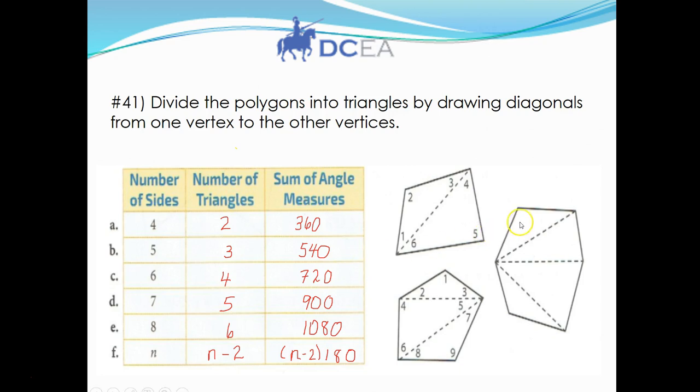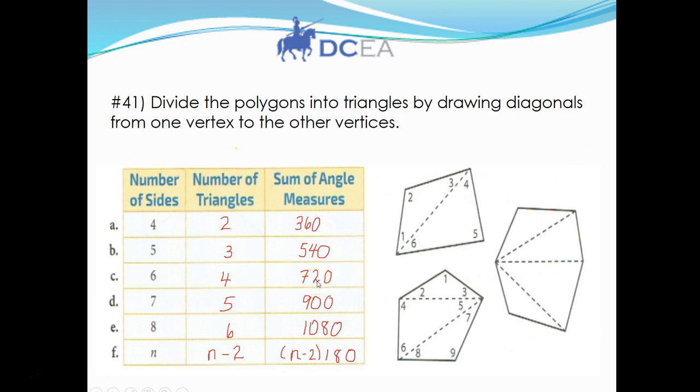Let's look at a figure, a hexagon that has 6 sides. It has 3 diagonals that create 4 triangles. 4 times 180 is 720.